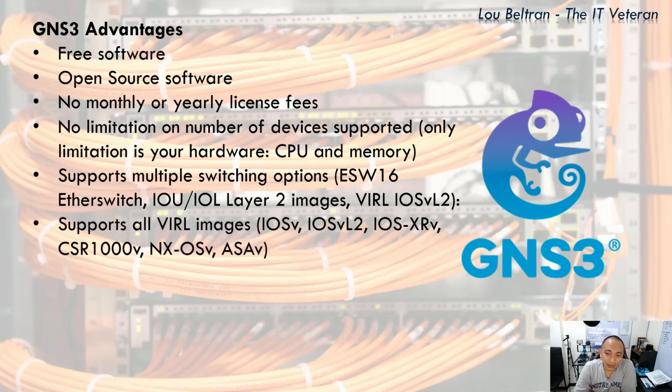Sinusuportahan din niya yung lahat ng VIRL images na ginagamit ng Cisco VIRL. So IOSv, IOSv L2, IOS XRv, CSR1000V. Ito yung mga next generation routers that you will be encountering in real life. Pati yung mga NX switches and ASAs, okay, or yung firewalls ni Cisco.